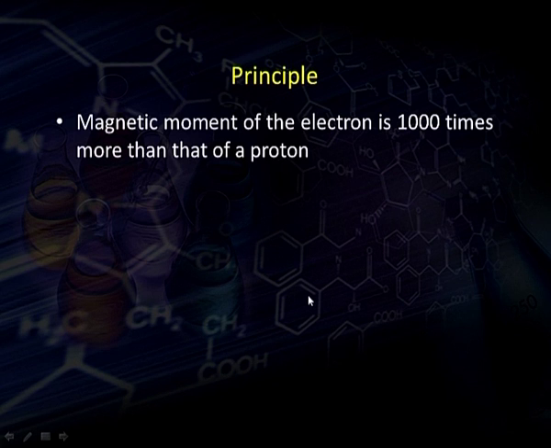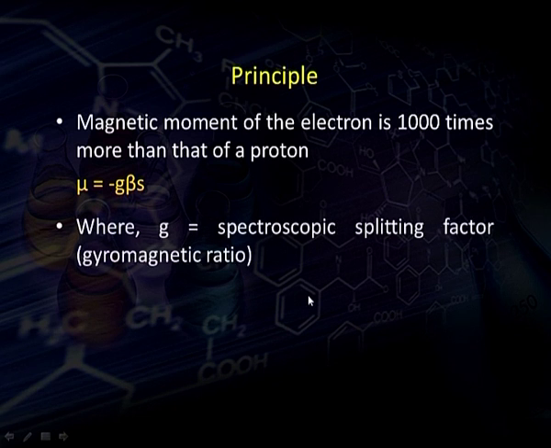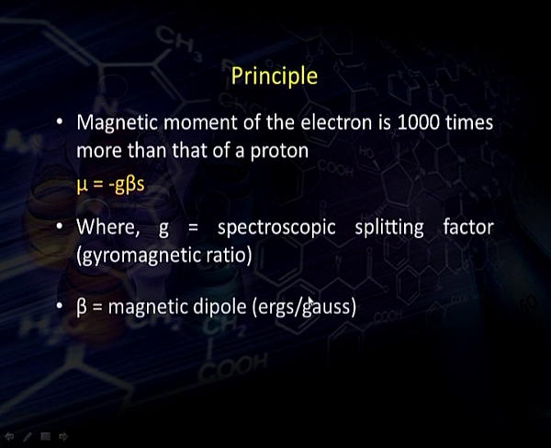and the magnetic moment is given by the formula, where mu is the magnetic moment. This is equal to minus g beta S, where g is the spectroscopic splitting factor, which is also called the gyromagnetic ratio. Beta is the magnetic dipole and it is measured in ergs per Gauss. And S, we all know, is the spin of the electron, which is equal to half.